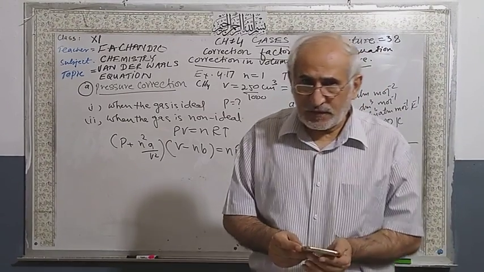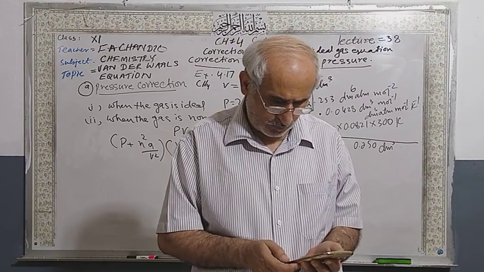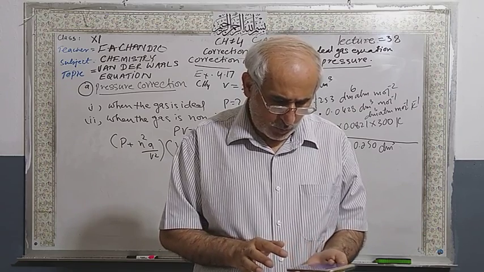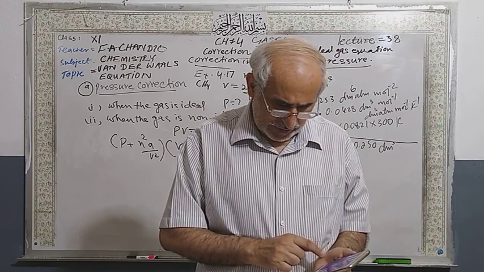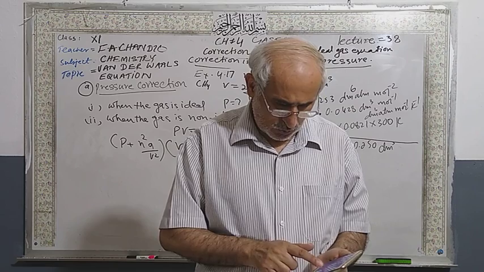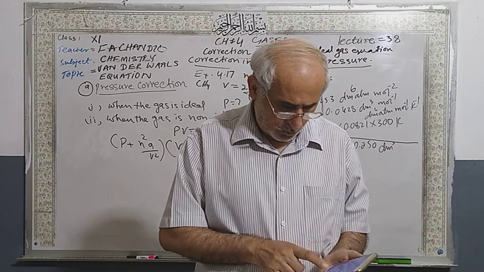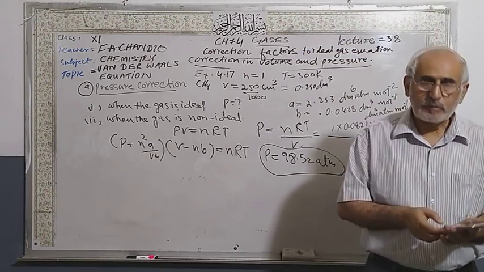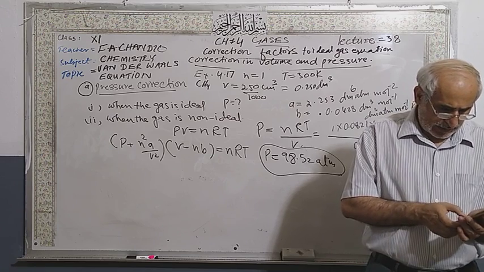So if you take the difference of these two pressures, 115.2652 minus 98.52, you still have 16.745. Still the pressure is high.